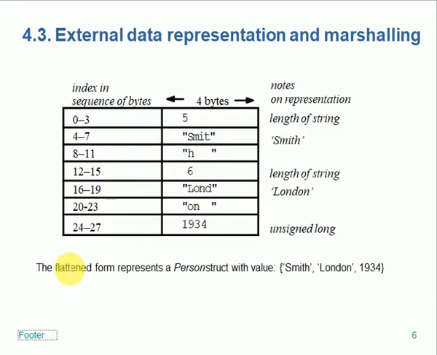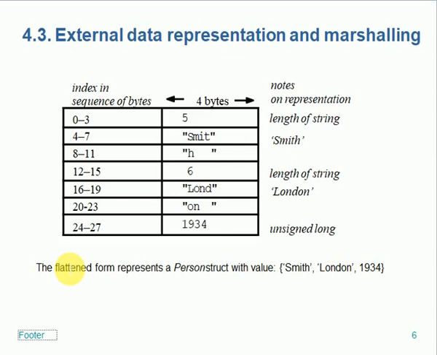Now we can have an example of how it works. This figure shows an example of a message containing three fields of a struct whose respective types are string, string, and unsigned long. The figure shows the sequence of bytes with 4 bytes in each row.